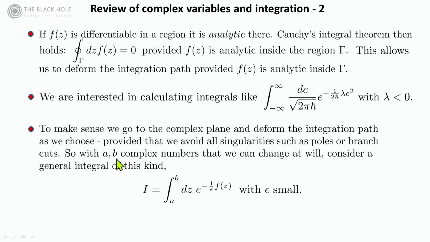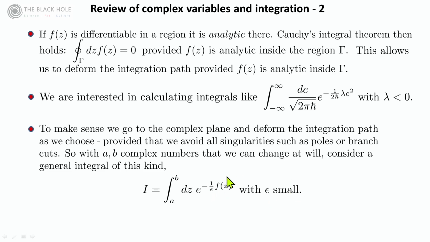And so let's consider a general integral of this type, with epsilon being small. The reason I've taken this integral is because we are taking h bar to be small, and we're going to let h bar go to 0. So here I'm going to let epsilon go to 0.